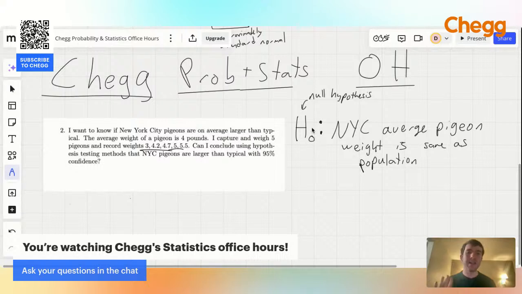Then we find data and see if it disproves our null hypothesis. It's bad to go and search for data that will disprove it. That's called data mining. That's not good. But you want to go out into nature and just observe the world and see if it disproves your null hypothesis.